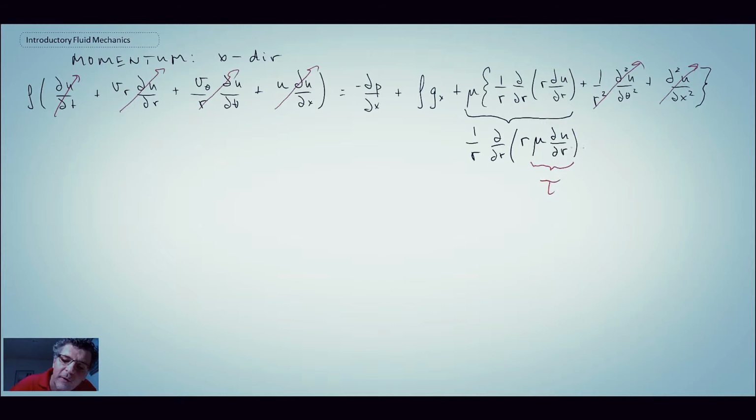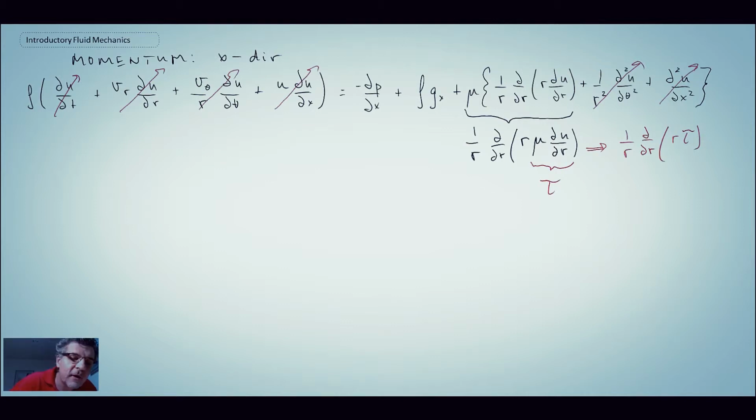So we will rewrite this equation as 1 over r partial by partial r of r tau. The reason we're doing that is because tau, the shear stress, is something we're after in order to get the friction factor. That's the logic behind making that substitution or rearrangement.